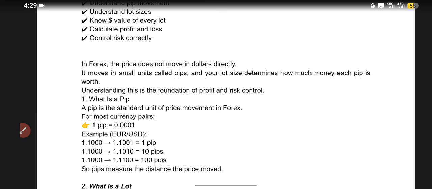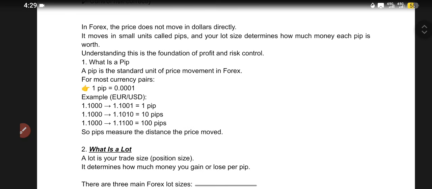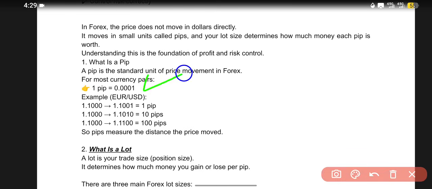A pip is the standard unit of price movement in Forex. For most currency pairs, one pip is equal to 0.0001.